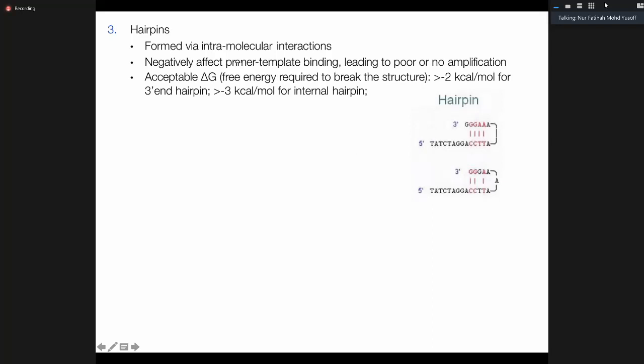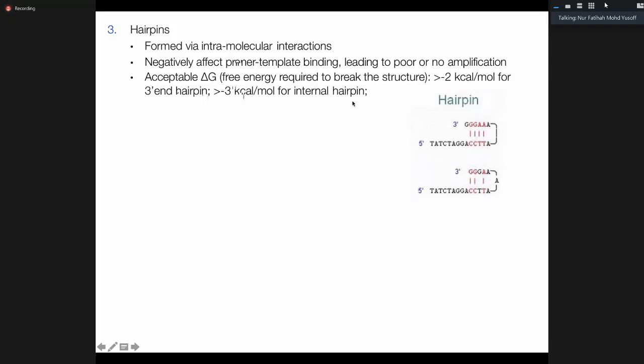As I mentioned, delta G is the free energy required to break the structure. The acceptable delta G is more than -2 for a 3' end hairpin, or more than -3 for an internal hairpin.